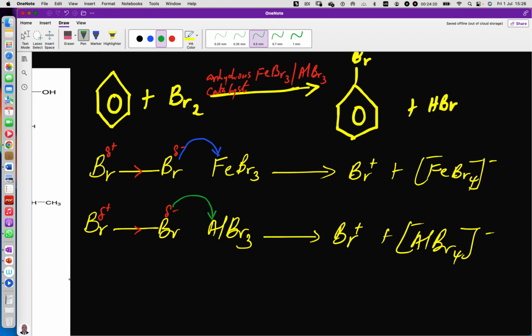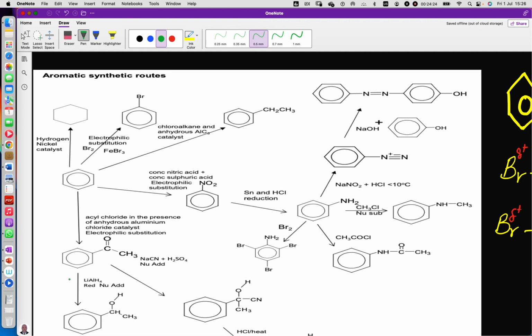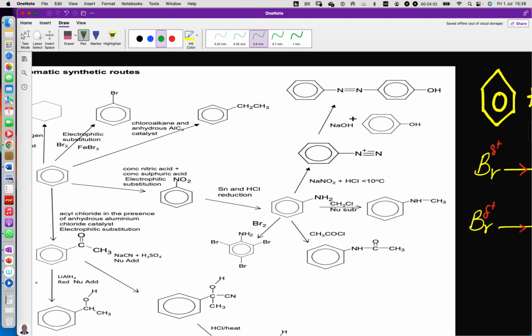Now we will go to the second one. This one is reacting with benzene, forming an alkyl benzene.